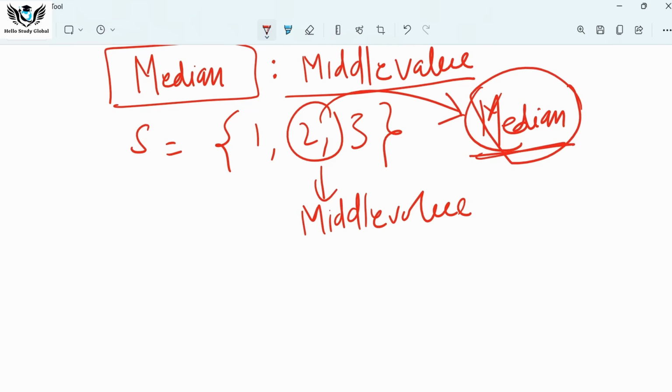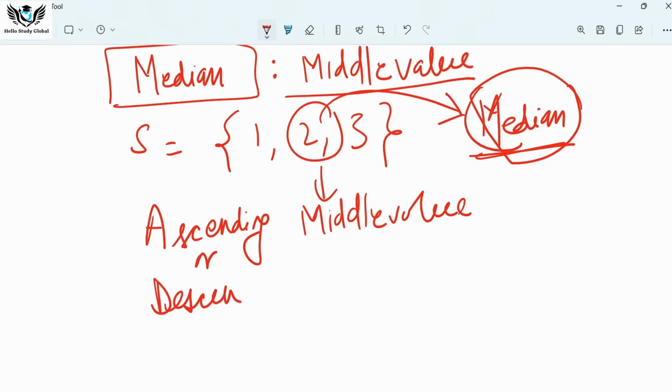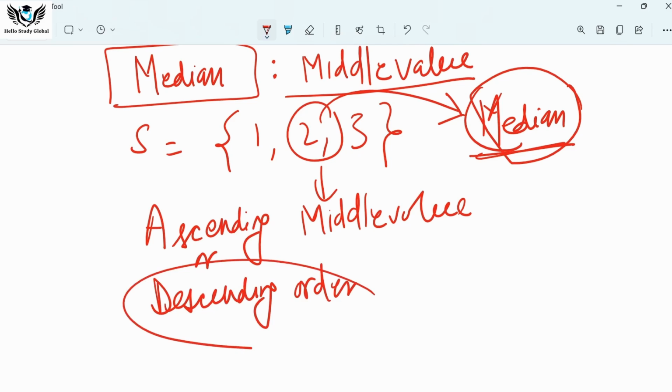Now the thing is, whenever a data set is given, we are supposed to arrange that data set in ascending or descending order before picking up the middle term.